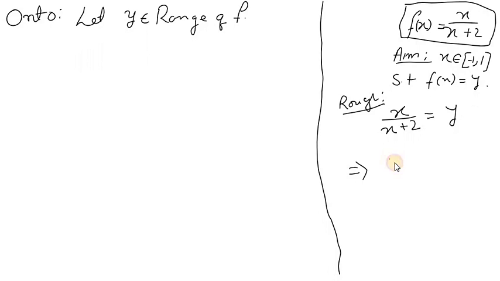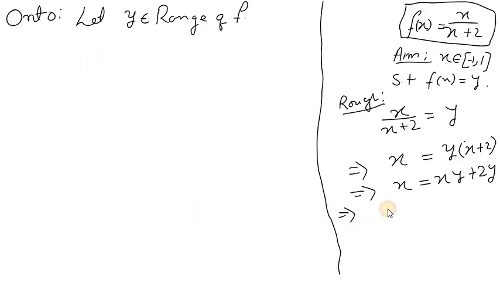So x = y(x+2), which is x = xy + 2y. We bring every term containing x to the left-hand side, so x - xy = 2y.